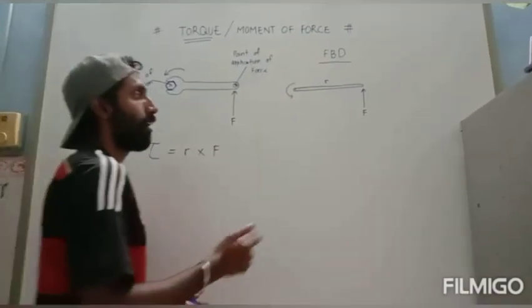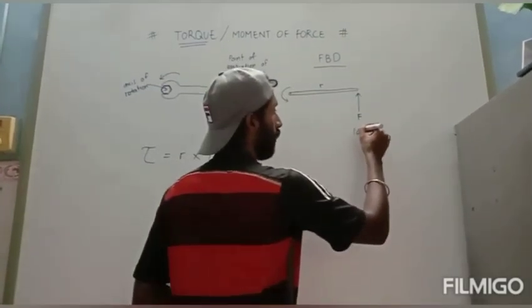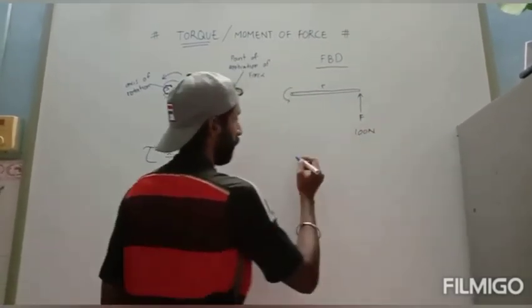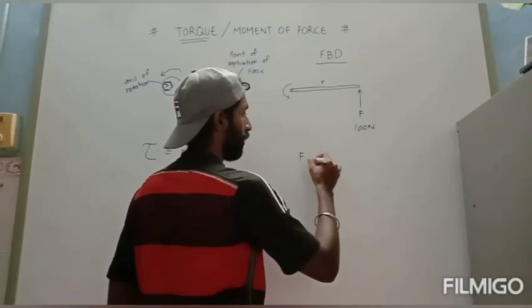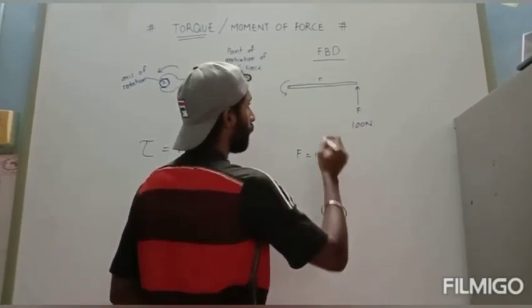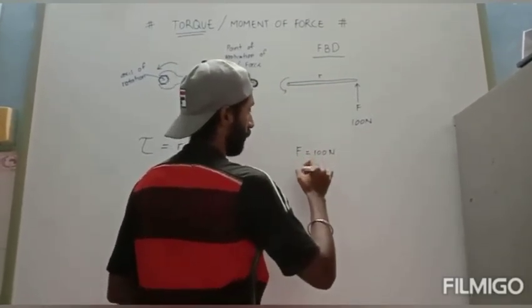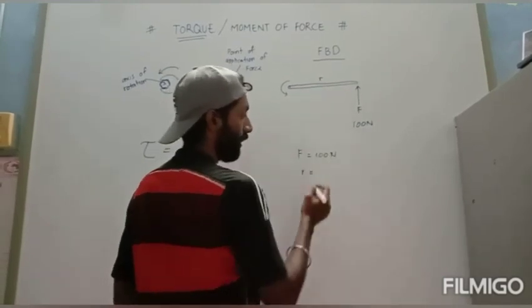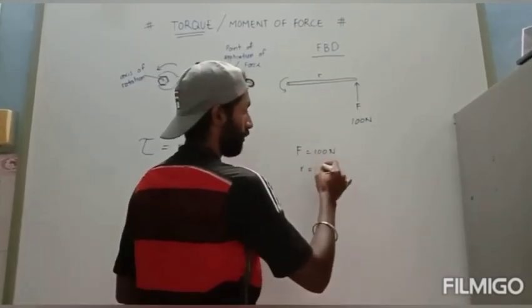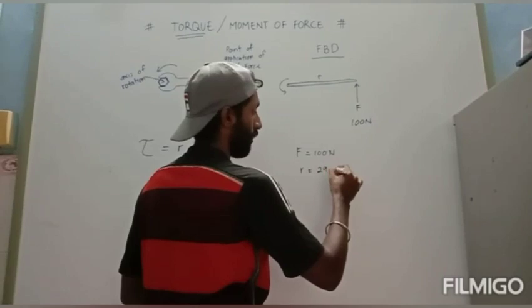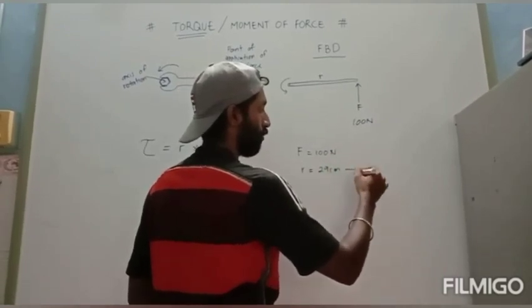Let's say we are applying a force of 100 Newton. The force applied is 100 Newton and the length of the lever arm is, let's say, 29 centimeter. So we're going to convert it into meter.